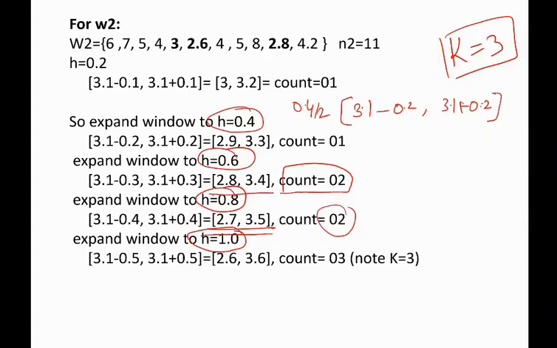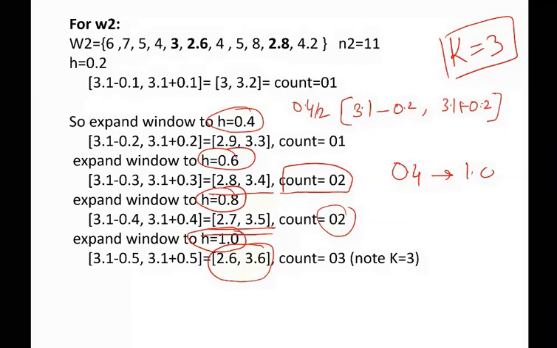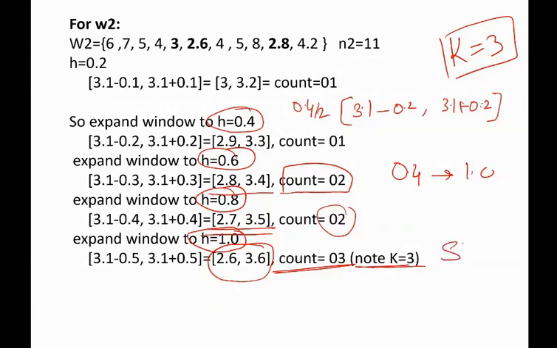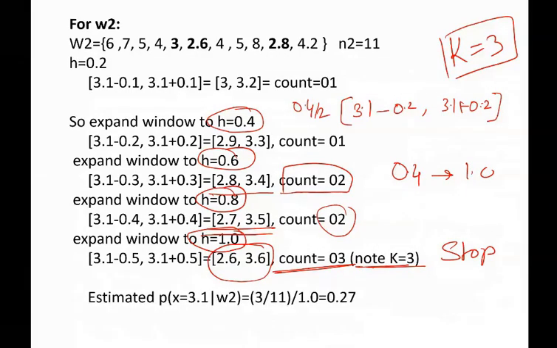Now I have gone from 0.4 to 1.0. This is my limit. For this new window, my count has gone to 3 and I was in search of 3, so I will stop expanding my window here. Then I go forward with the estimation for omega 2.